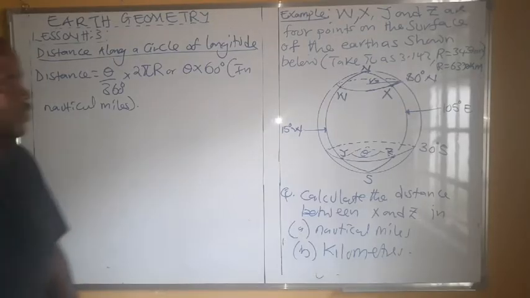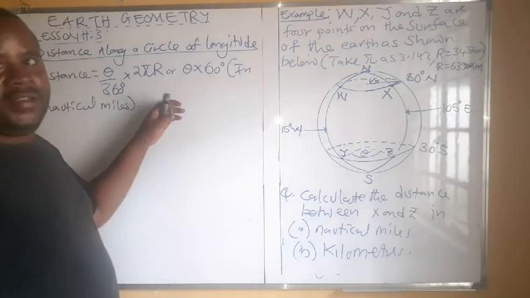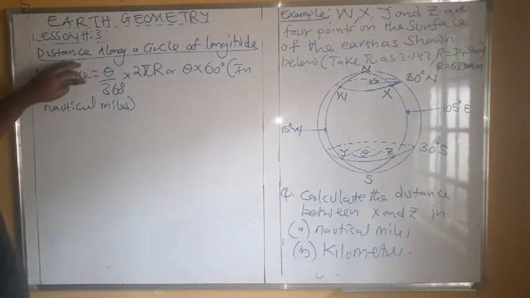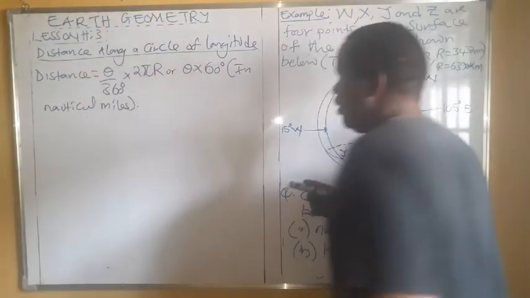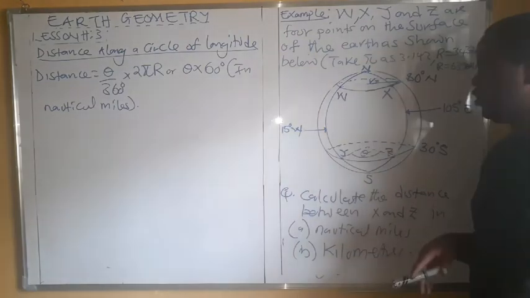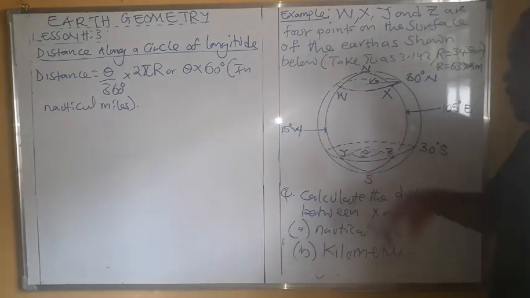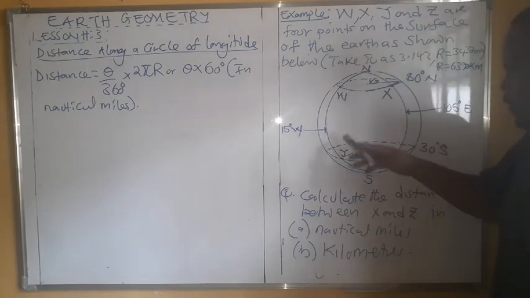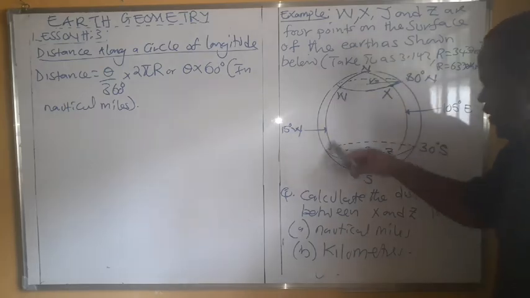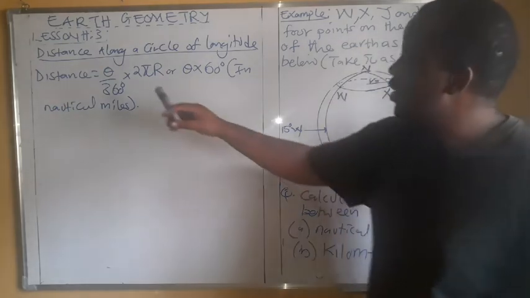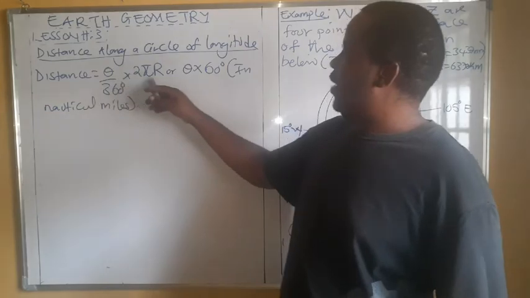Okay, now so we proceed with the distance along a circle of longitude, like I mentioned earlier on. So now we are saying if I'm dealing with the 2 points that are on the same circle of longitude, maybe for argument's sake, W and Y here. How do I get this distance? We are going to say theta over 360 times 2 pi r.